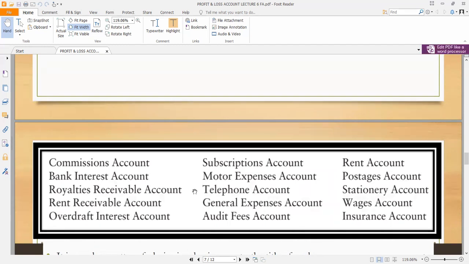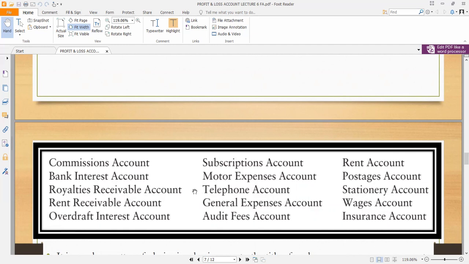I'm sorry about that. When we talk about the commission account, it includes all the commissions that the business encounters. Secondly, the business interest account. This account includes all the interests that the business gets or collects. Royalties receivable accounts.